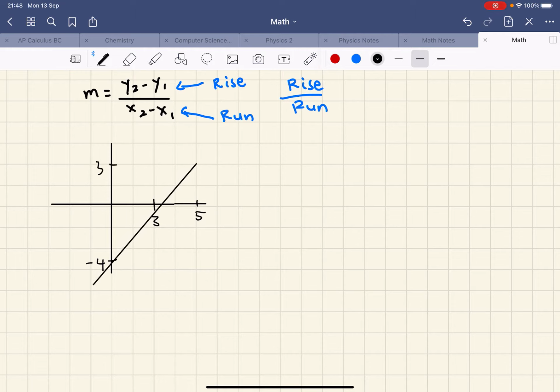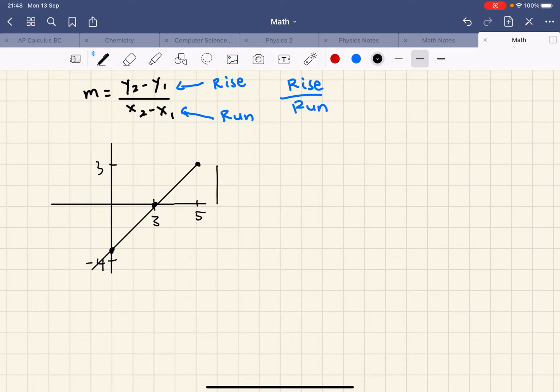So here's a graph, and as you can see, it passes through 3 points. You don't have to know exactly what these points are, but you can use the rise over run concept.